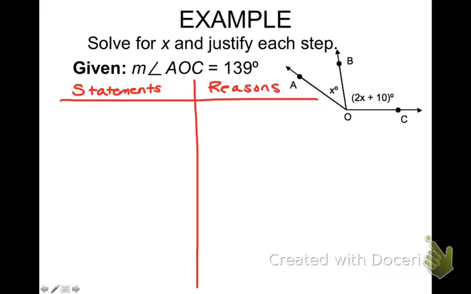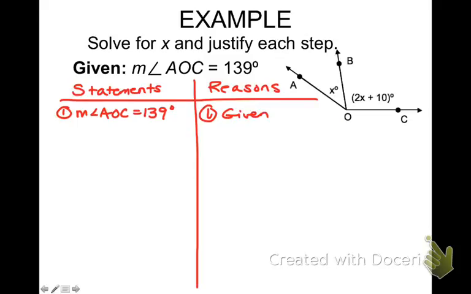We should always start with what? The given. As we move on in these proofs, there should never be a blank proof. You should always have the given. The given is the measure of angle AOC equals 139 degrees. Given.